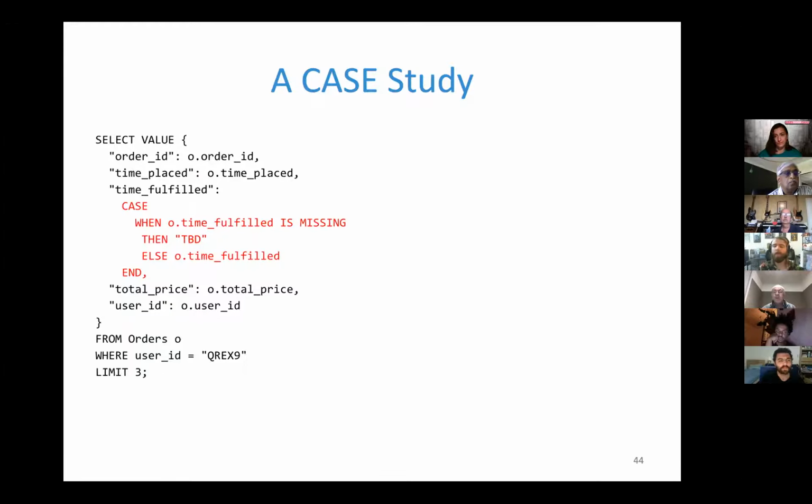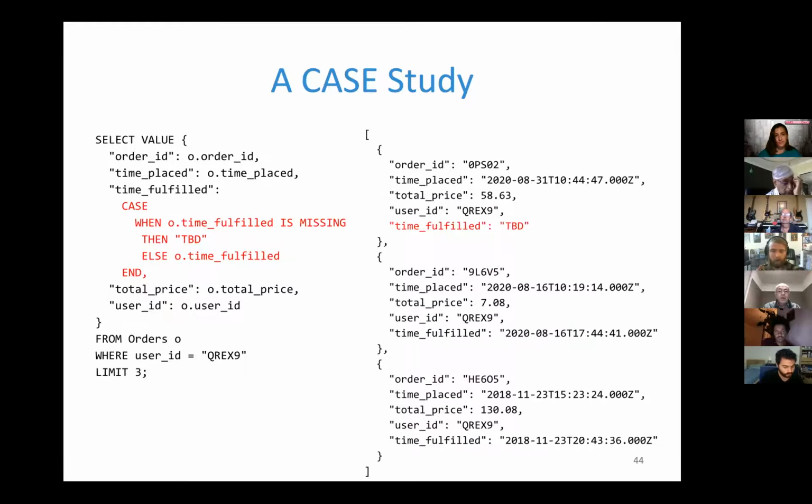We just use the case statement that's available in SQL, and we determine that if the field is missing, then it gets the field value TBD, and otherwise it just gets the field value that was available. That's what the result looks like. We just replaced the value with TBD, and now we got 5 fields here.